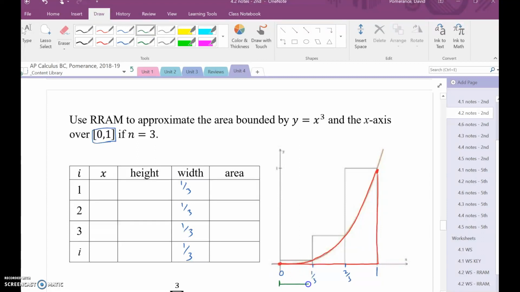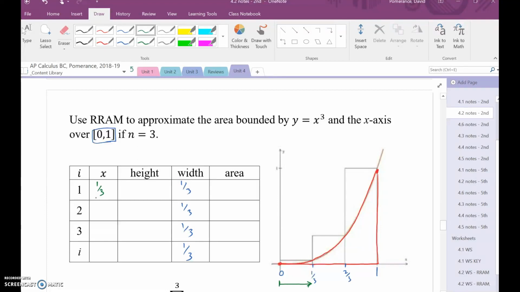Now, if we are looking at RRAM, then we're going to start at the left end, and we're going to take a step of delta x to find our first x value of 1/3. 1/3 is the right endpoint of our first subinterval. That's why we're going to use that as our first x value. We take one step from the left endpoint. The step size is delta x, or the width, and it is going to take us to the right endpoint of our first subinterval.